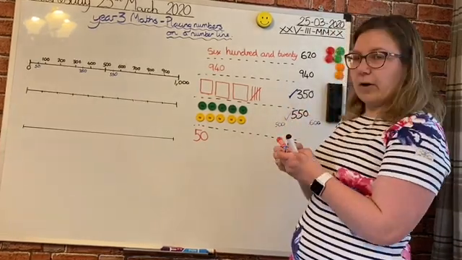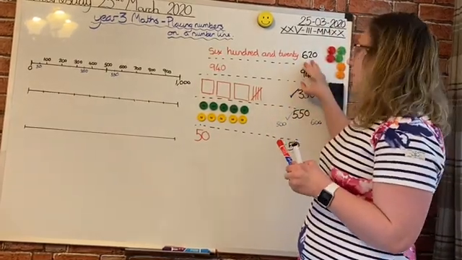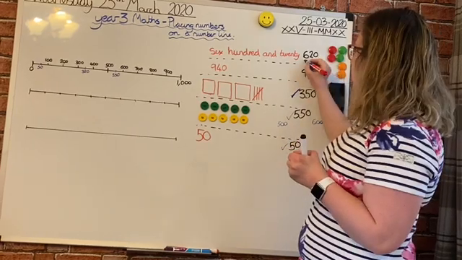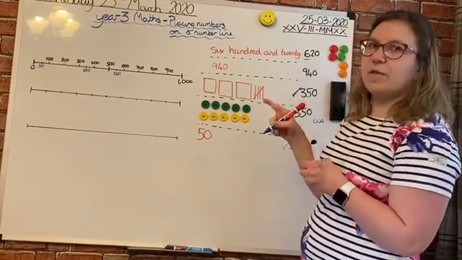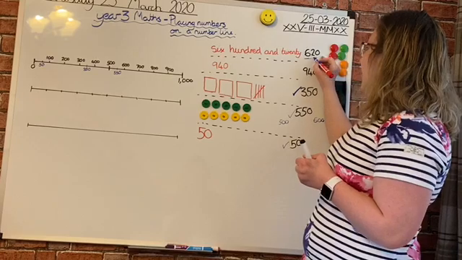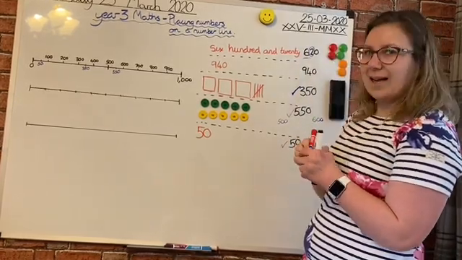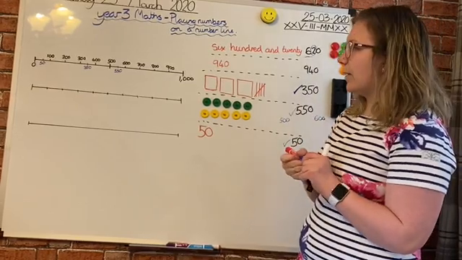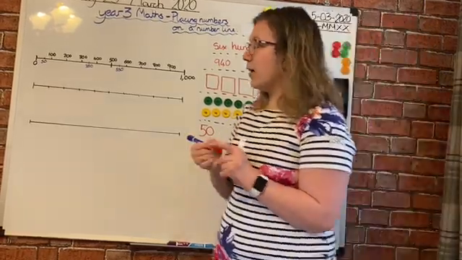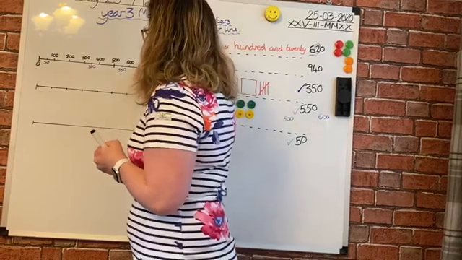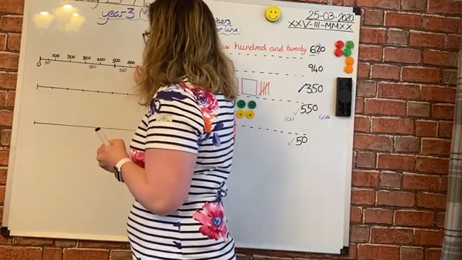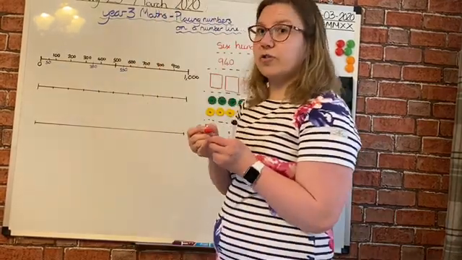The next number is a little trickier. I've got 600s, so I know it's going to come after 600 on my number line, but it's only got 2 tens. Okay, so it's not going to quite reach that halfway mark. Just to help me out, if I mark on here the halfway mark, I know that that is 650.